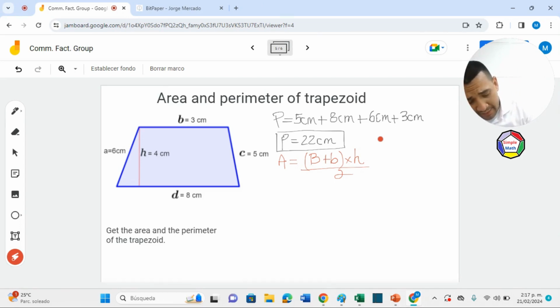So let's substitute the values we have in the shape. The area of that trapezoid is the big base, in this case 8 centimeters, plus the small base, which is 3 centimeters.